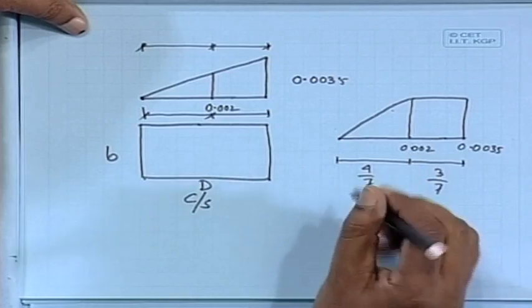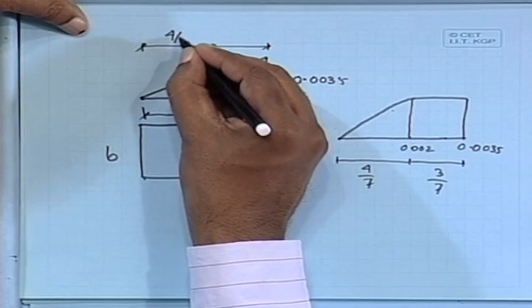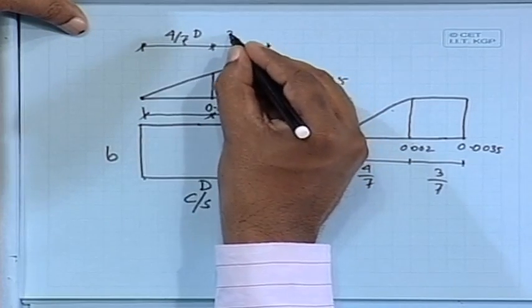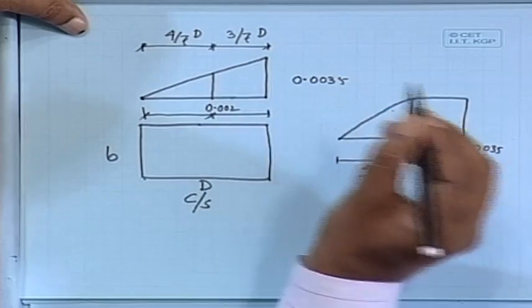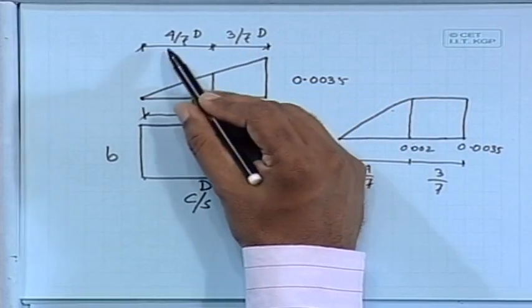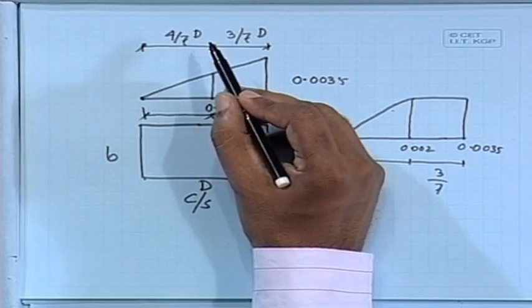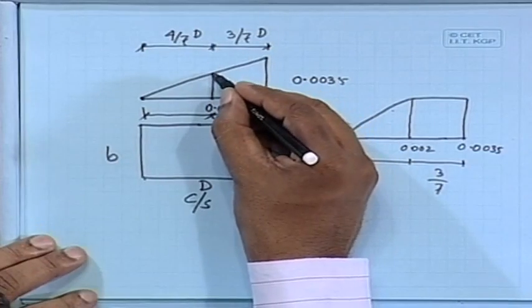In other words, this is 4/7 of D and this is 3/7 of D.